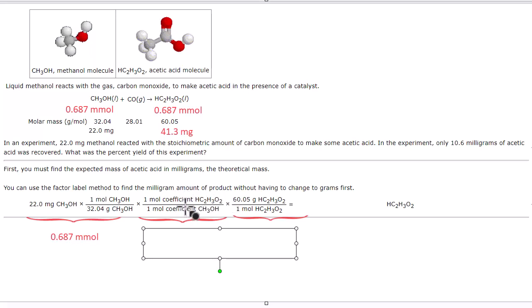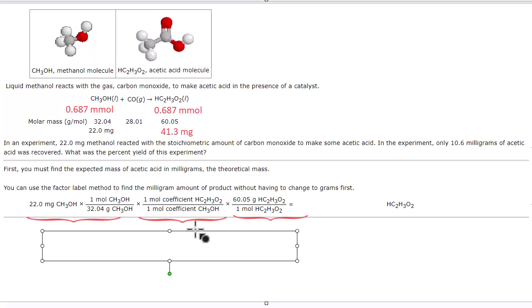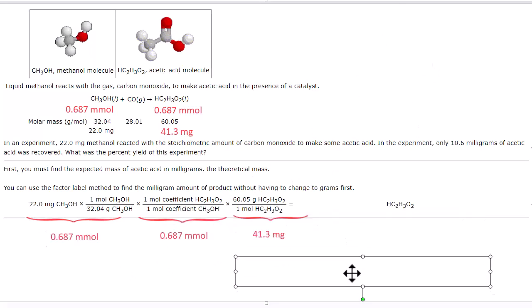And now here we've got another conversion, because we have our 0.687 millimoles of, when you cancel things out, what's left is acetic acid. And we just have to take this molar mass using the conversion chart, but in this case we've got the 60 over the 1 mole, and we'll get our same answer: 41.3 or 41.2 more accurately, milligrams of our ethanoic acetic acid.